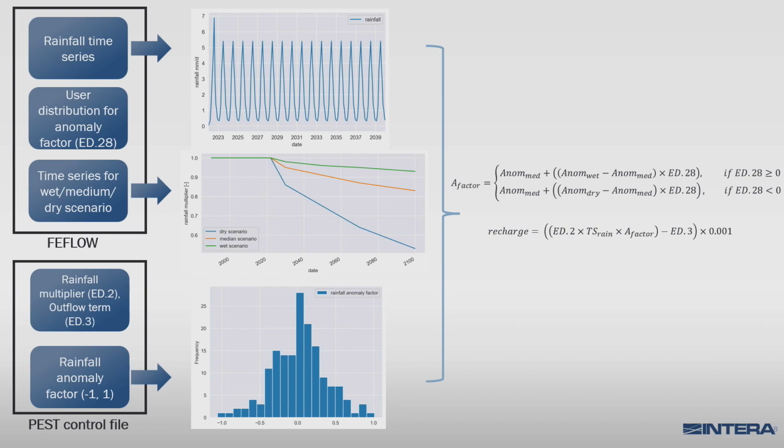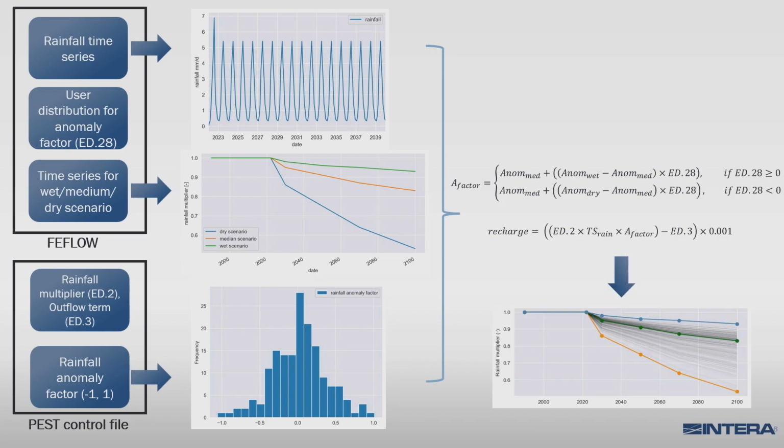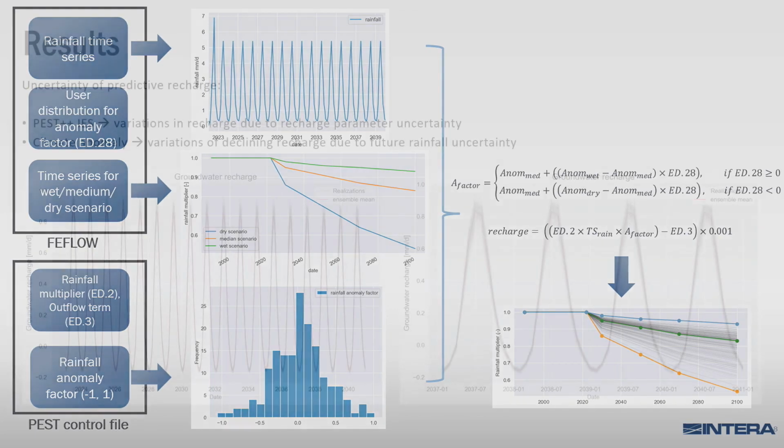For example, a 0 would exactly match the median scenario, and a multiplier of 1 would end up being the wettest scenario. And then the anomaly factor gets calculated and added to the recharge formula to get this normally distributed climate anomaly.